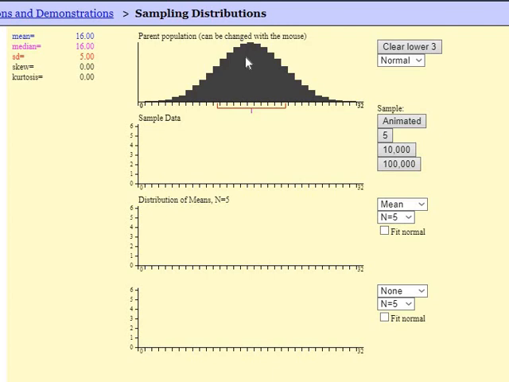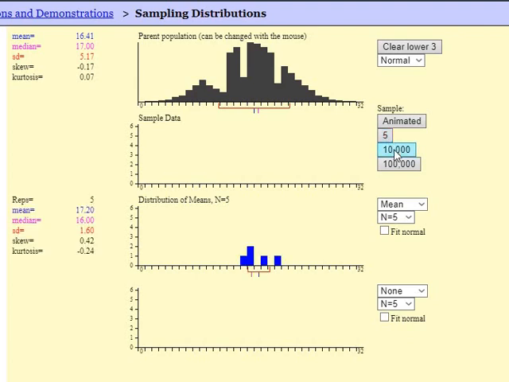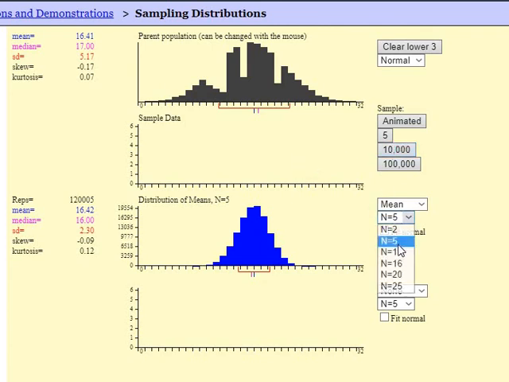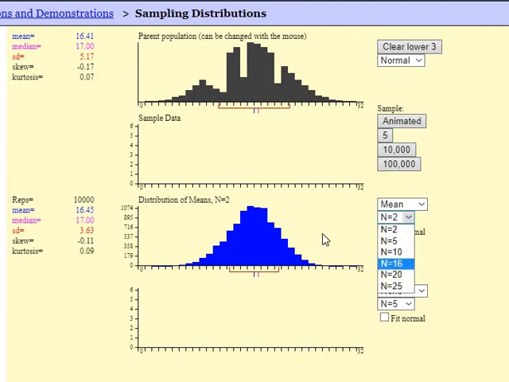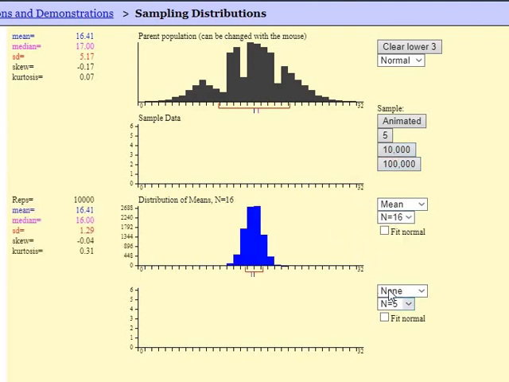In this one, you can change the original population. It started as normal, but you can make it as strange as you want it to be. And then you can calculate samples. You can do 5, 10, 10,000, 100,000. You can compute different samples. You can change the sample size, so you do different sample sizes.